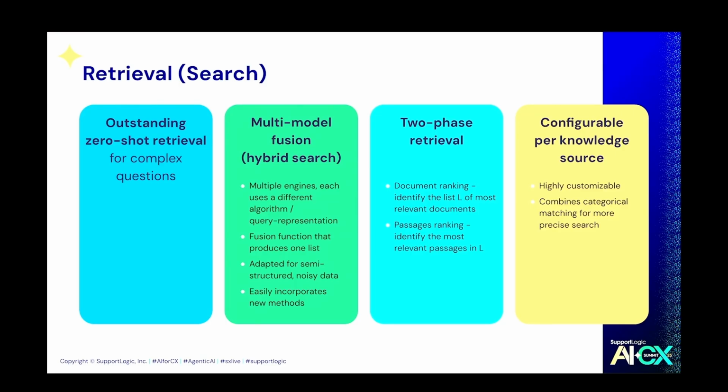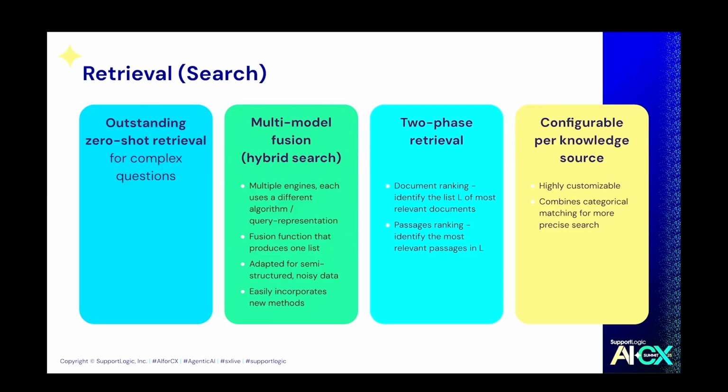Instead, for us, in order to make ranking very precise, we're using multimodal fusion or hybrid search. This didn't come from us. This is a technology that is being used by large search engines, including Google, when they rank results. But apparently, the same technology could also be used for ranking passages for LLM processing.